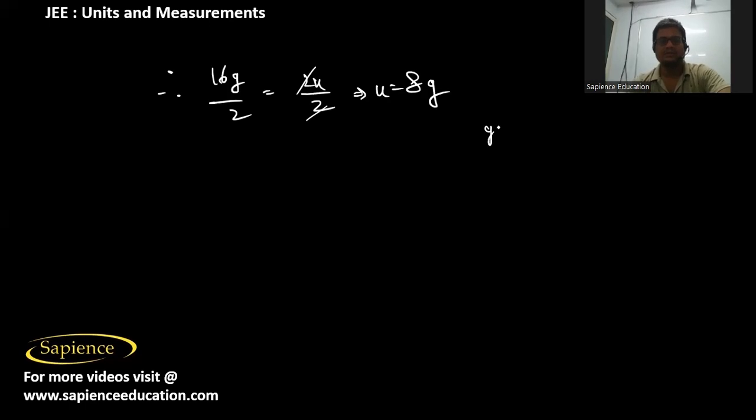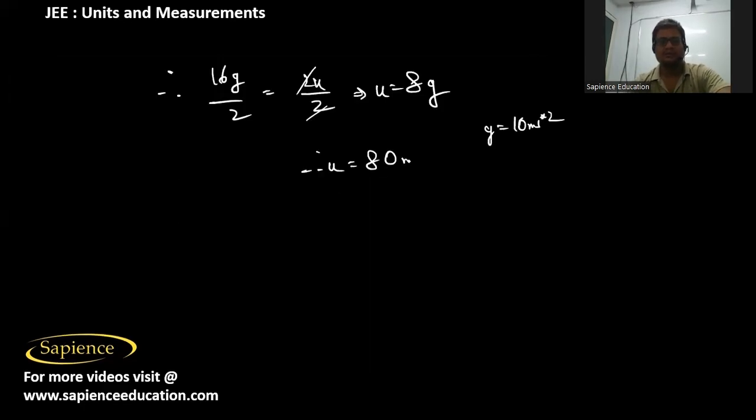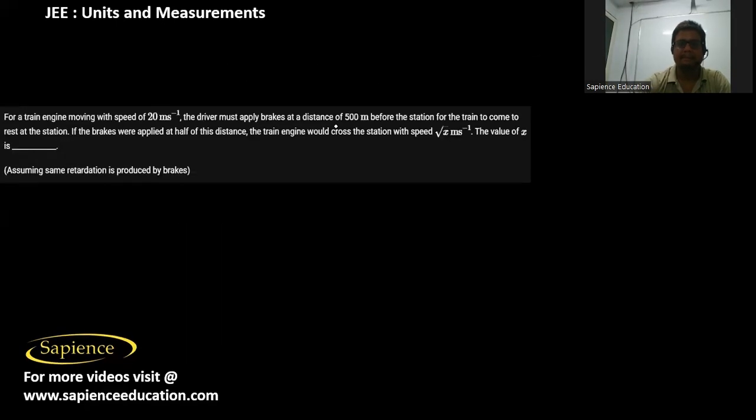And g is equal to 10 meter per second square. Therefore the initial velocity u will be equal to 80 meter per second. So the speed of projection of the projectile is 80 meter per second.